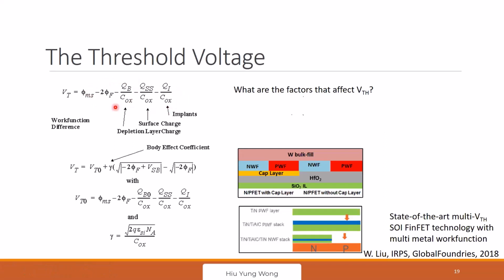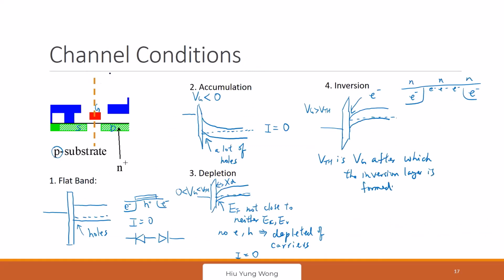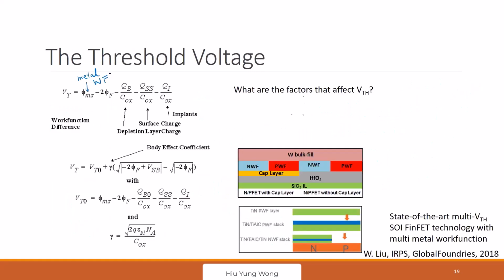I list out many things. That's what you just asked me. Phi MS. This is the metal work function. Why is that? It's not a device physics class. I'm not going to explain, but you can see that it's affected by the band diagram. Okay, so the metal work function is affecting.